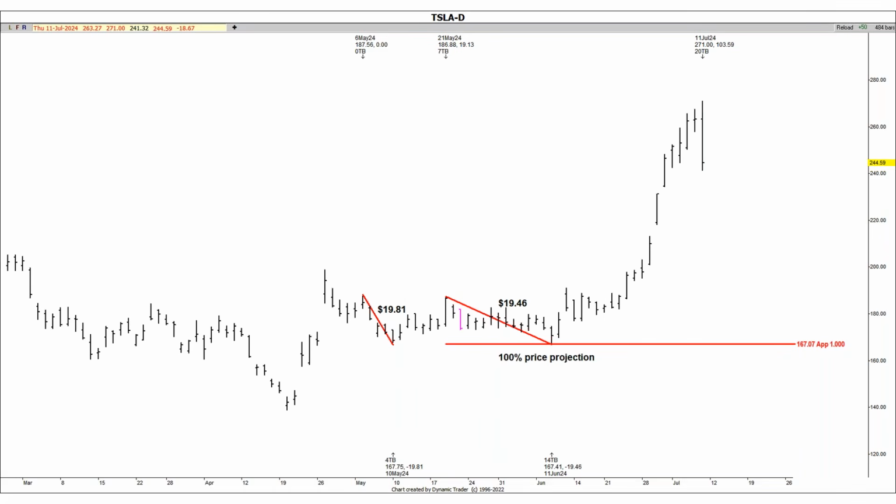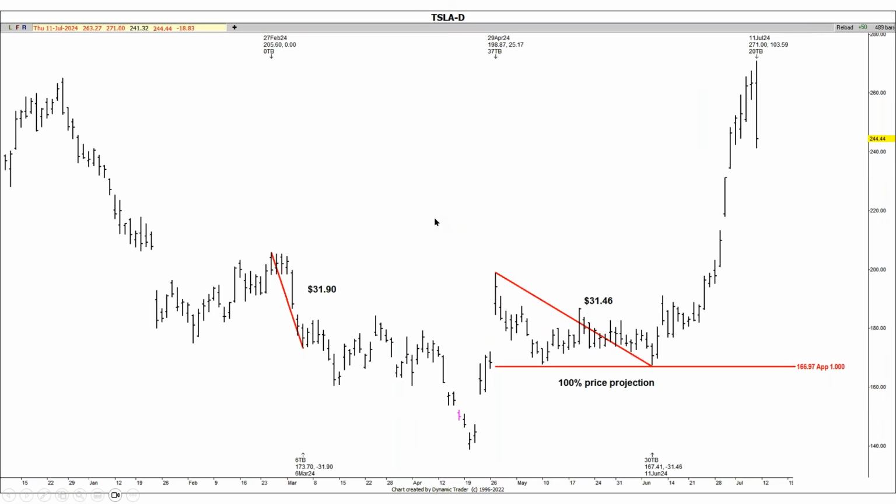Okay, so here's Tesla. Here's one price projection. We took the prior high to low swing, projected it from another high, and it gave us 167.07 as a projection. Same chart, different swings. I had another prior high to low swing. This was $31.90.